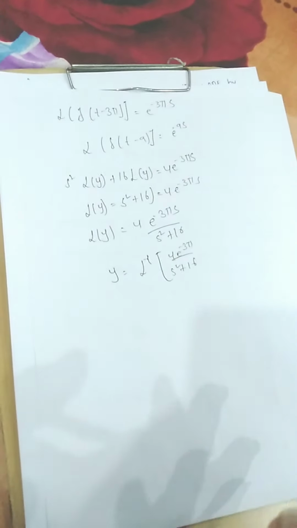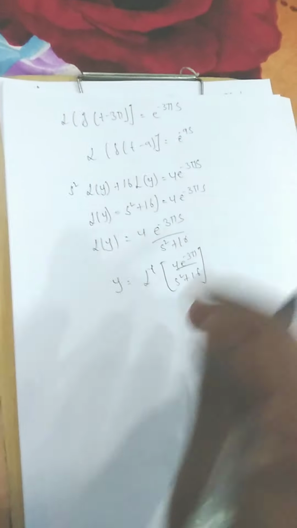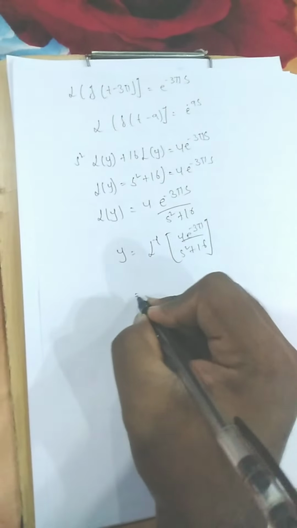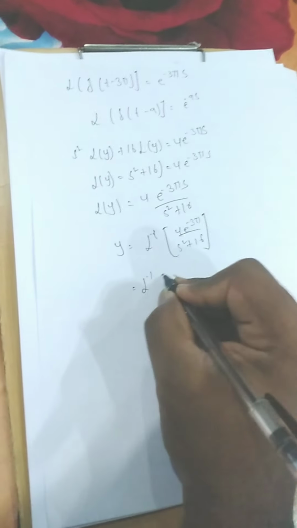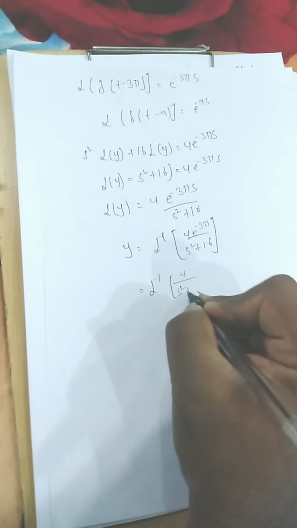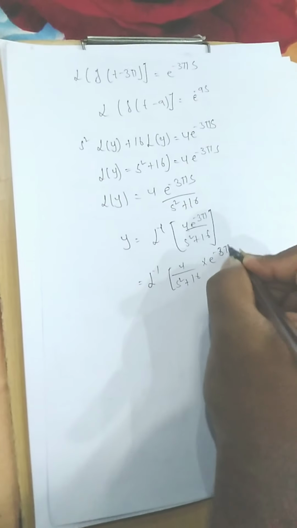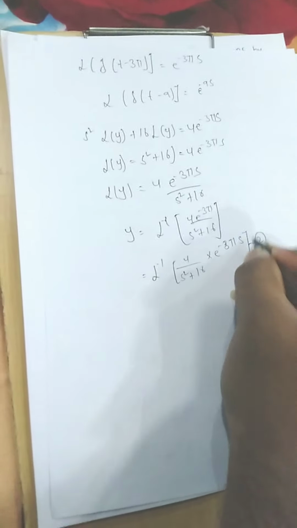So the Laplace inverse of this function is 4 by s² plus 16 into e to the power of minus 3πs. Let this be the second equation.